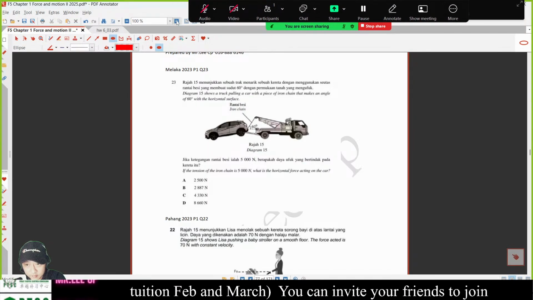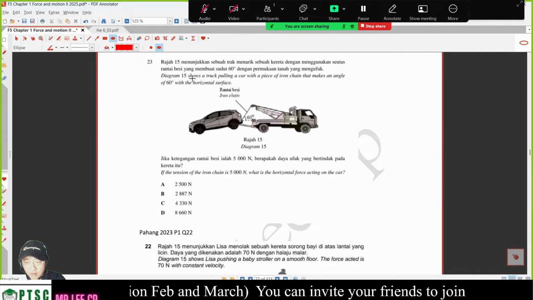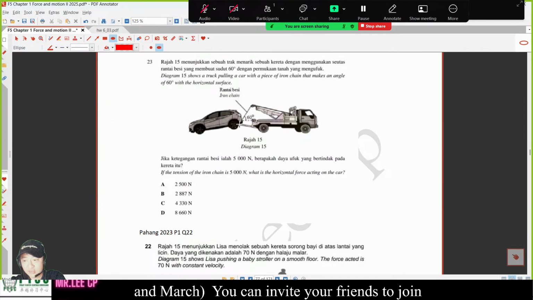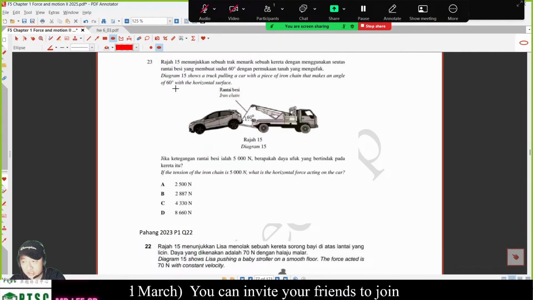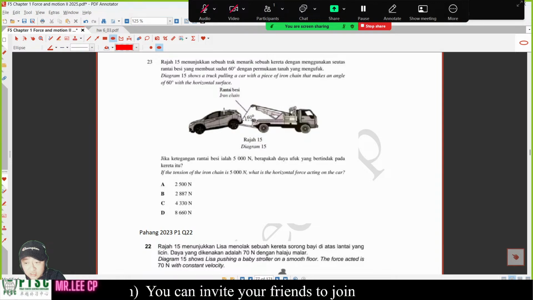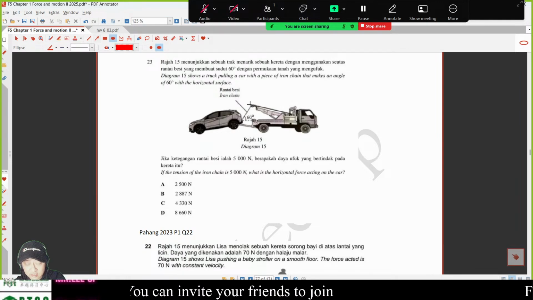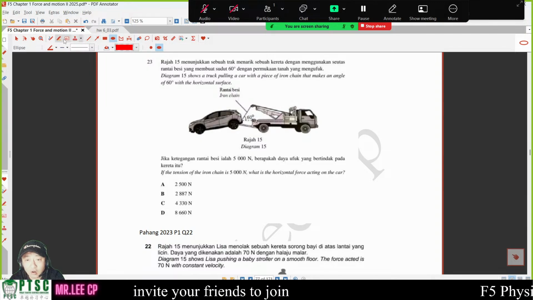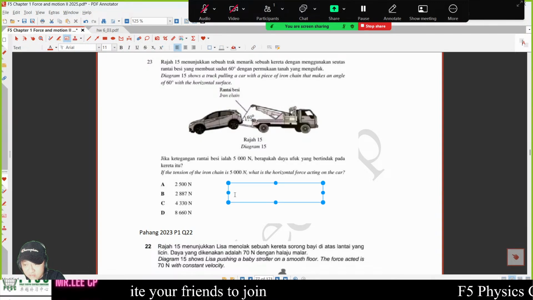Make it bigger. Diagram 15 shows a truck pulling a car with a piece of iron chain that makes the angle of 60 to the horizontal. If the tension is 5,000, what is the horizontal force?